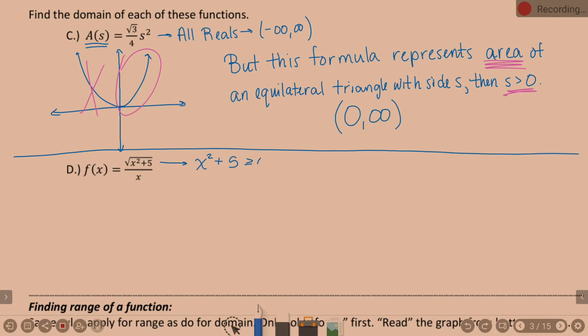Greater than or equal to 0, because whatever value is under a square root must be nonnegative. Okay? So what happens when we start solving this? You're not going to get a perfect square. We can work with that issue because we could use square roots in our domain if necessary.